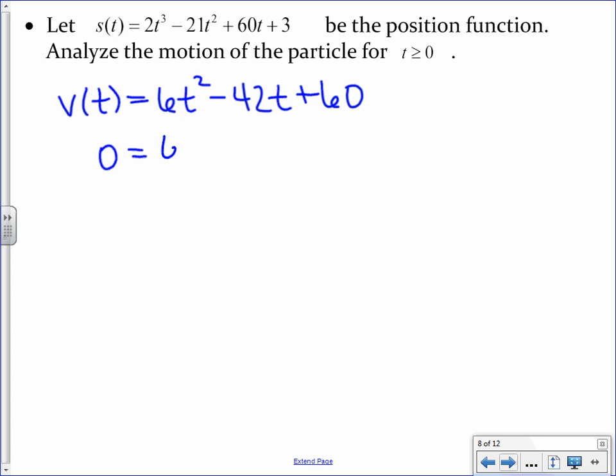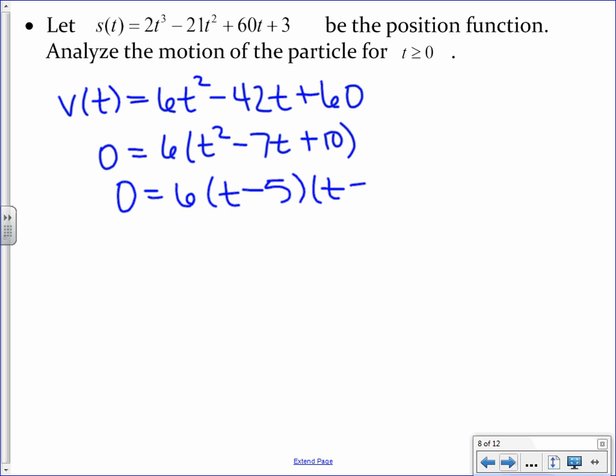I'm going to go ahead and factor out 6. And what should we do? We can factor this to t minus 5 times t minus 2. So we have critical points at t equals 2 and t equals 5.